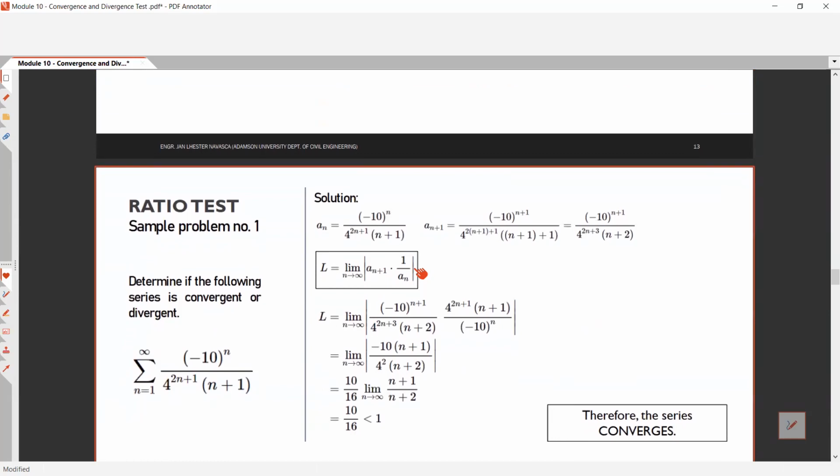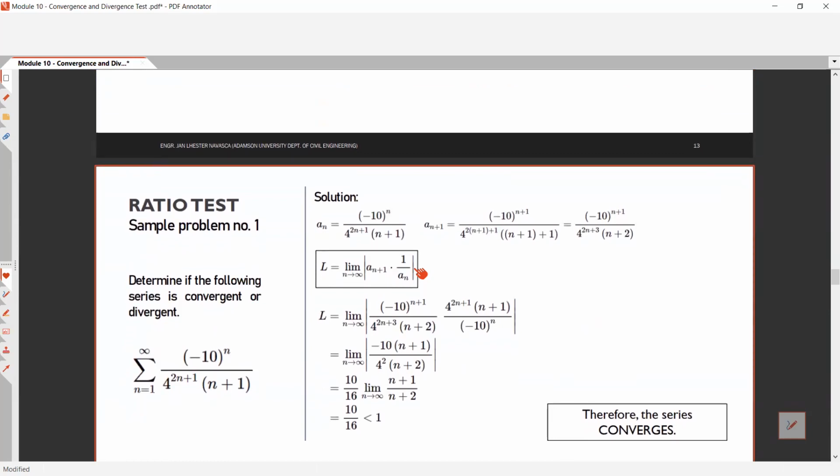Okay, so if we substitute a sub n, this will be the term: negative 10 raised to n over 4 raised to 2n plus 1 times n plus 1. For a sub n plus 1, all the values of n will be n plus 1.